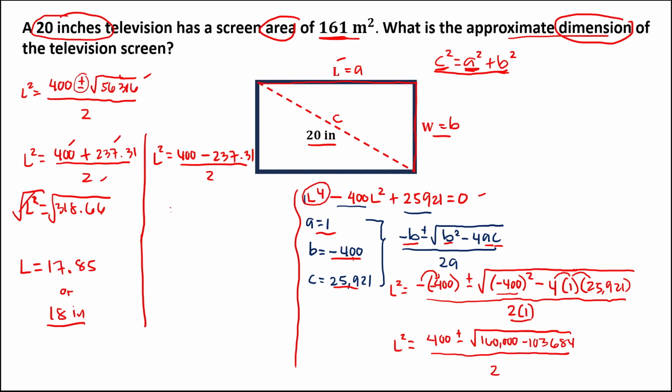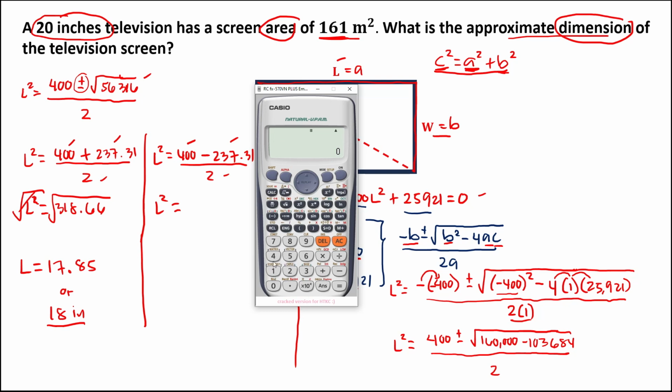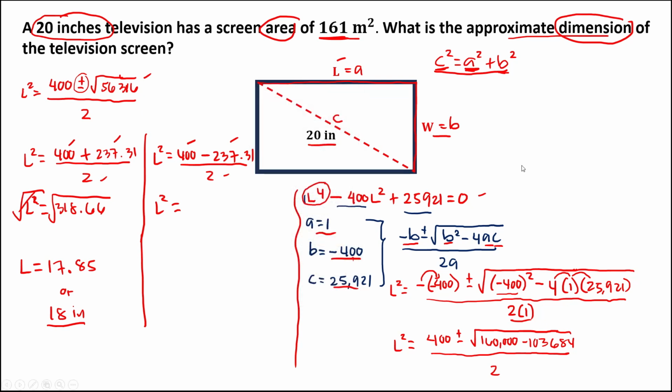Then the other value: L squared equals 400 minus 237.31, then divide by 2. That's 81.35. Then take the square root.